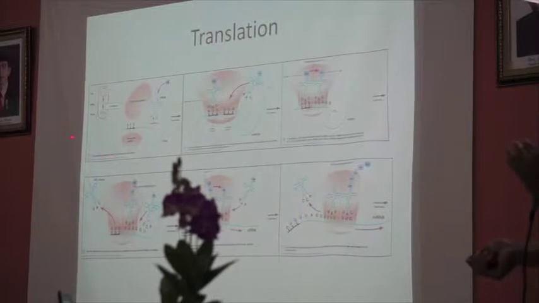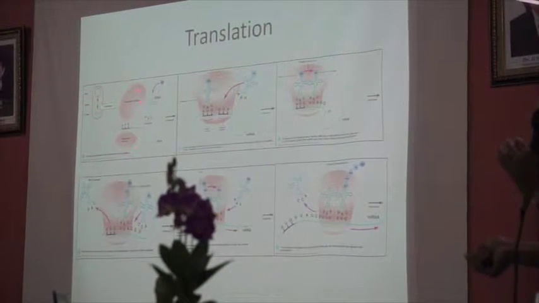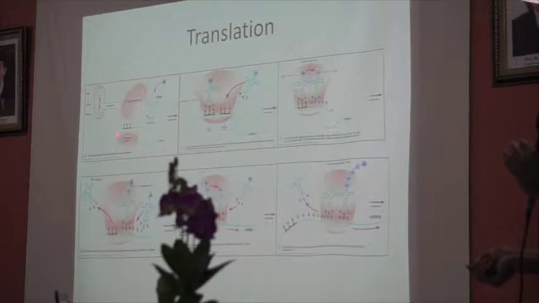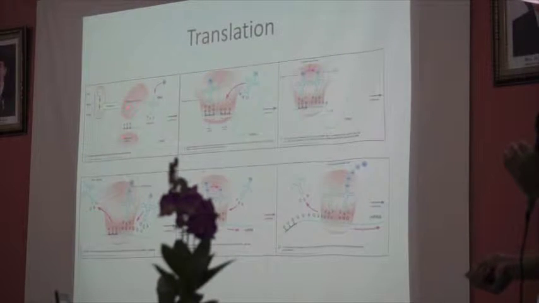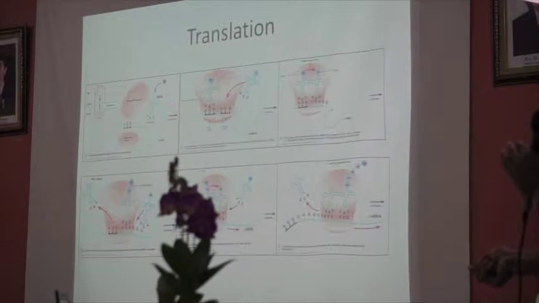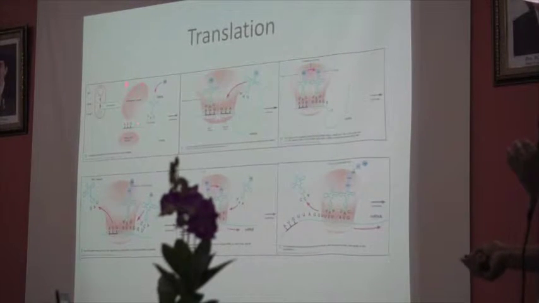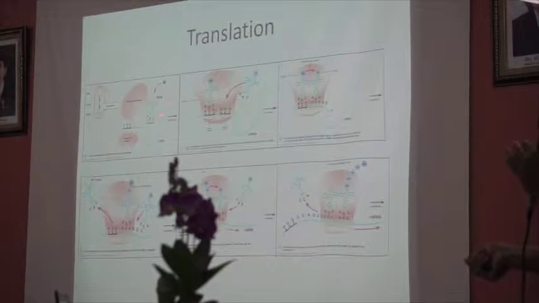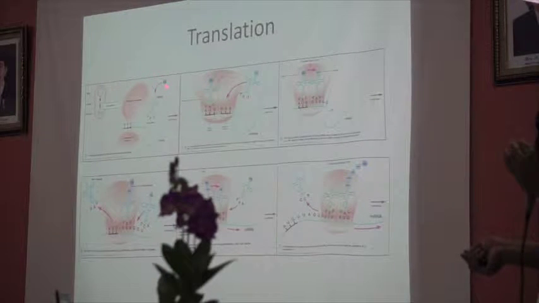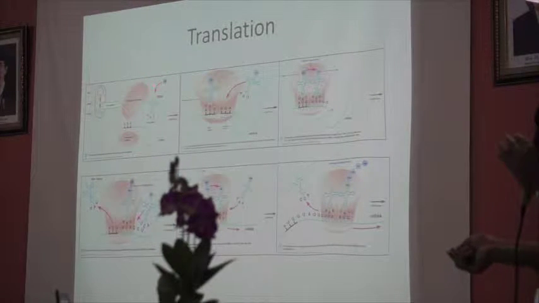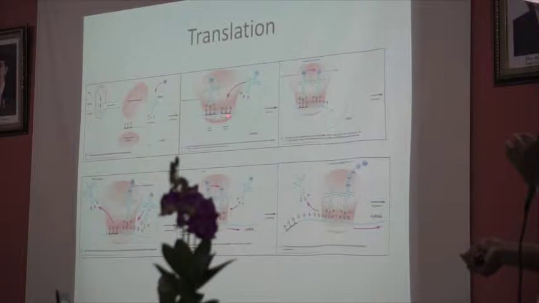Okay, this is a little animation of how translation is conducted in the cytoplasm of the cell. This is the ribosome. The ribosome binds to the mRNA at the start codon AUG. The ribosome calls tRNA to bring the methionine, and then the ribosome moves forward.